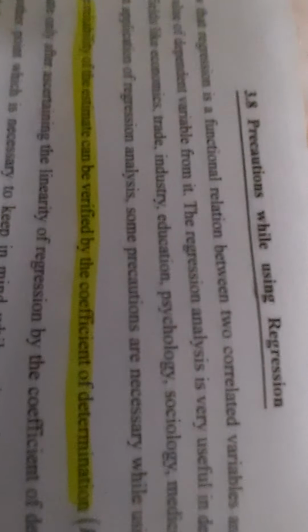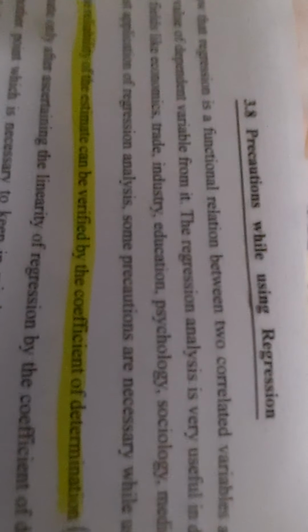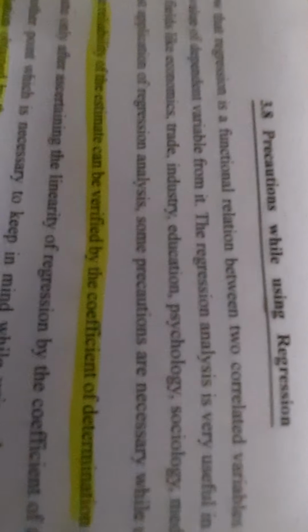Now, precautions while using regression. What are the precautions you have to keep in mind while using regression? One of the precautions you have to understand is that, as we have seen already, the reliability of the estimate can be verified by the coefficient of determination, R squared.